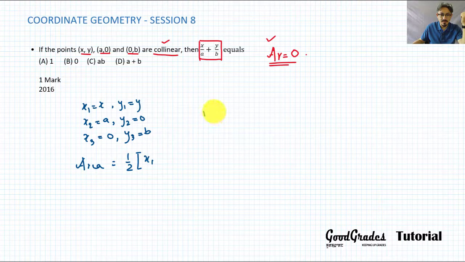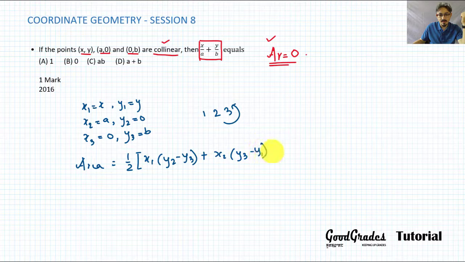x1, we'll remember 1 2 3 anti-clockwise, x1 (y2 minus y3) plus x2 (y3 minus y1) plus x3 (y1 minus y2).